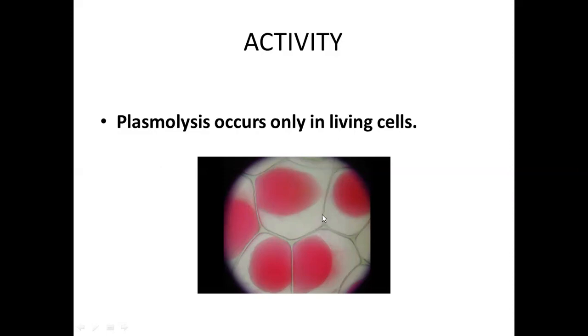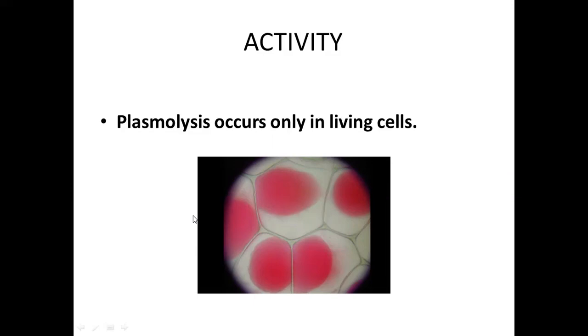Now look, this is the picture we have seen in the activity. In these living cells, plasmolysis has occurred. Now why did plasmolysis occur? Because when we kept this particular cell of Rhoeo leaf in salt solution, the amount of water inside the cell was more when compared to the amount of water present in the salt solution, because it is a concentrated salt solution.